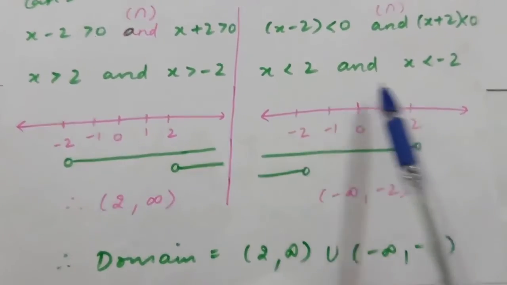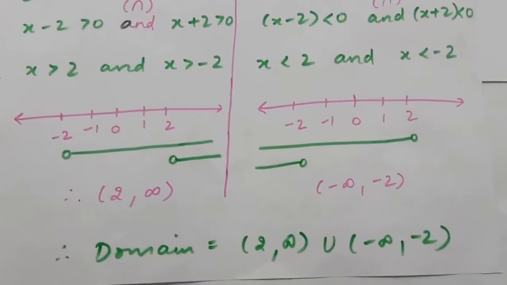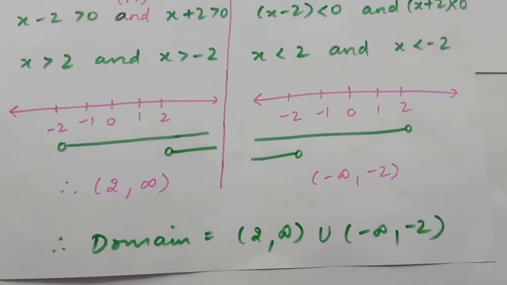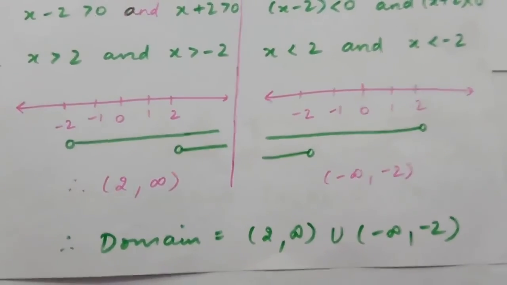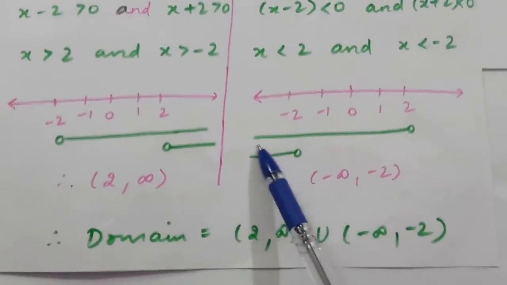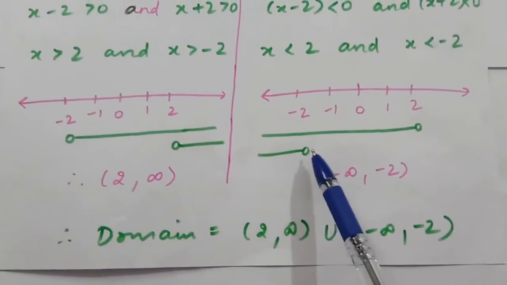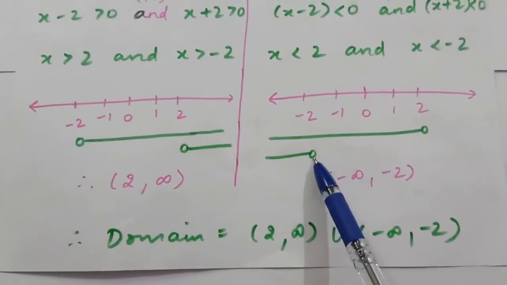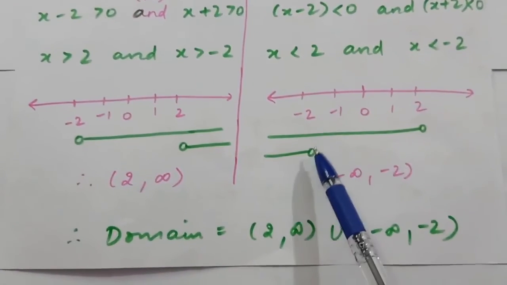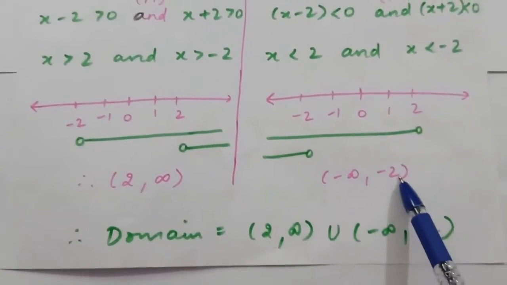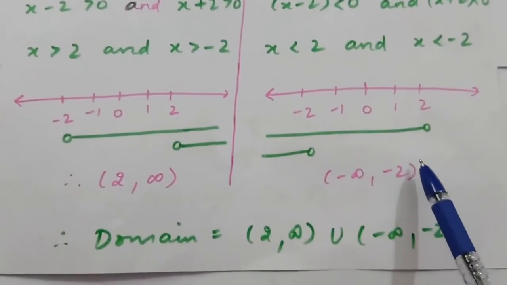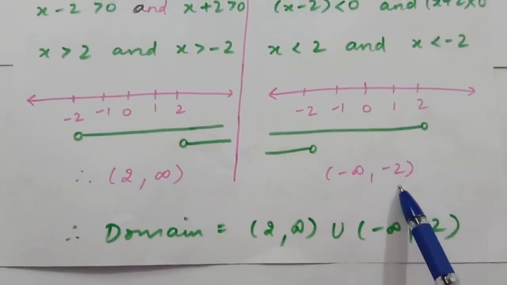Because equality is not there. Right? Now intersection is where there are double lines. So intersection will be all the negative part up to minus 2. As minus 2 is not included in the second line, so it will not be included in the intersection, and therefore open bracket will come.